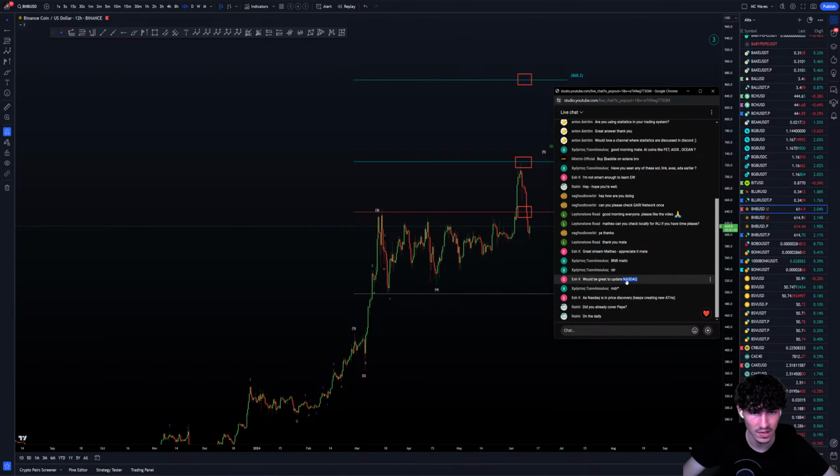NASDAQ already did in the last update. I have done a higher time frame wave count on this. But I'm gonna check if maybe we moved since Monday. RNDR, yeah, okay, RNDR.